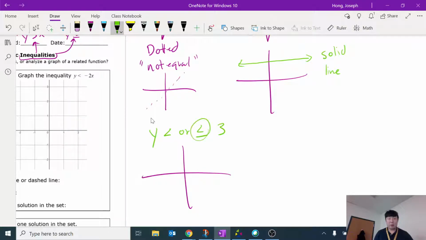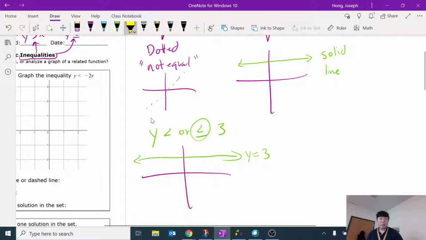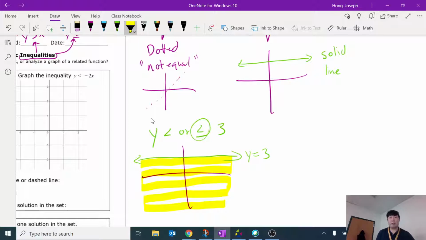I'm going to graph this one. So like this, again, this is y equals 3. I would shade downwards because anything below this would be a solution, as you know from previous units. So this is below.